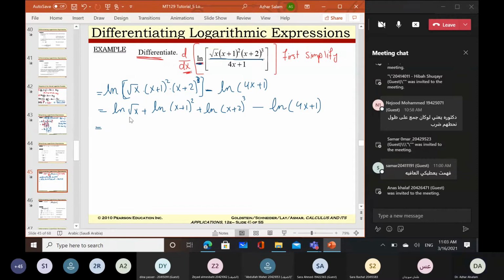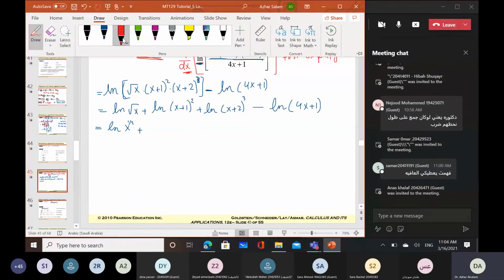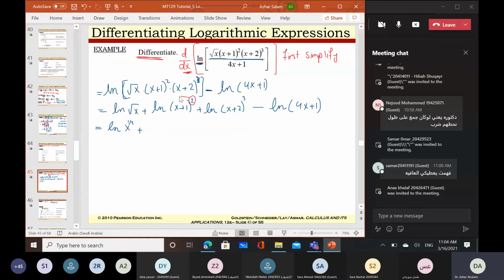I can here write this as x to the power half. ممكن اكتب جذر الاكس x اس النص, plus I have here to the power 2, so I can here use the property that take this down in here, 2 multiplied by ln x plus 1. طبعا هنا ما أنقص من الأس واحد، حتى لو كان 3 أو 4 لا، ينزل بالكامل، مش مثل المشتقة، لا ينزل بالكامل ويصير هنا بدون أس.